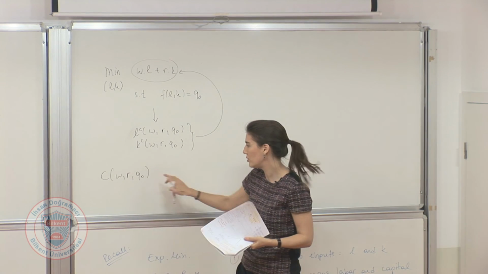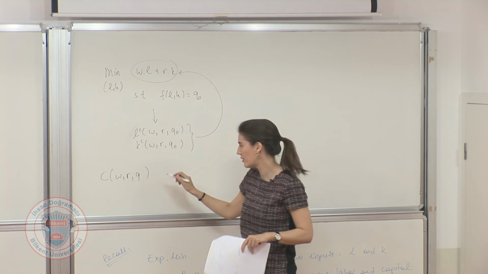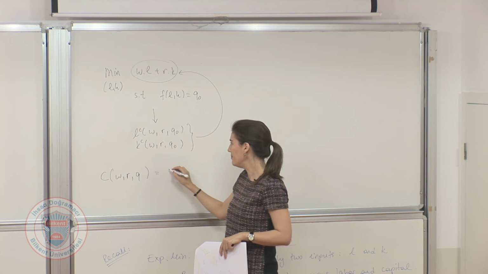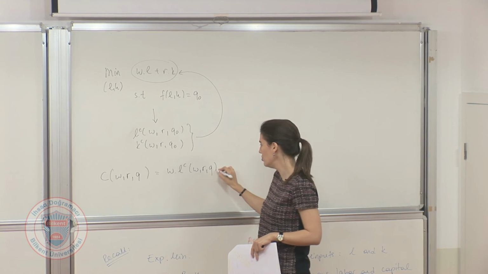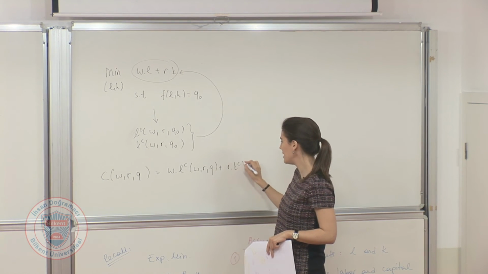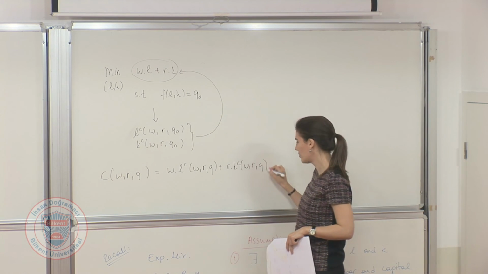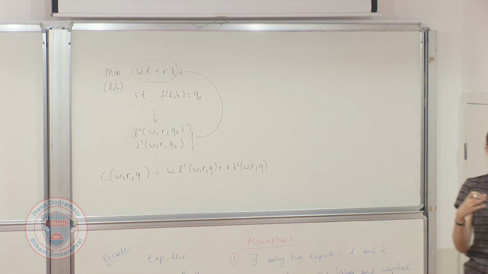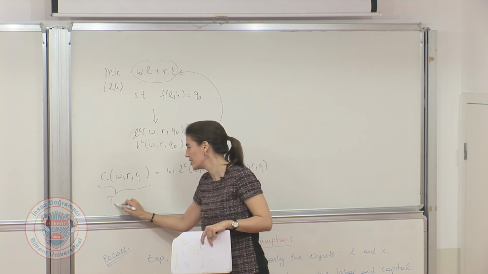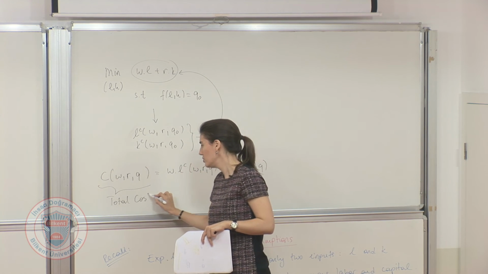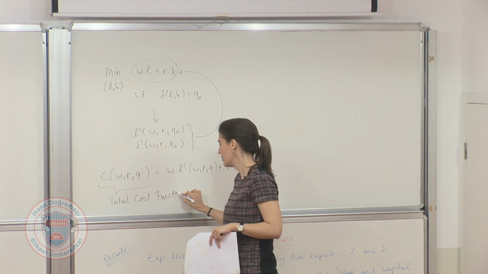So this is w times L^C(w, r, Q) plus r times K^C(w, r, Q). You probably remember from your introductory econ courses that this is called the total cost function.